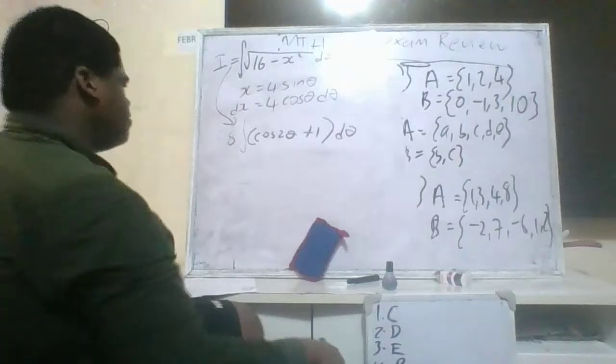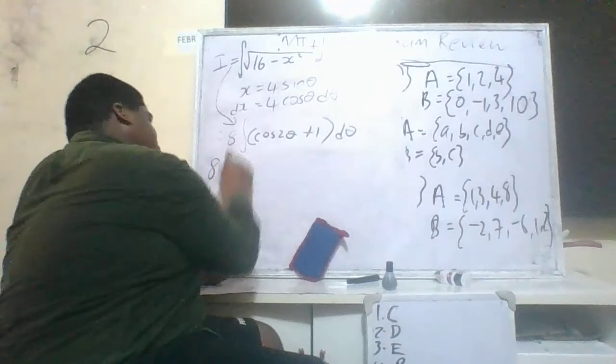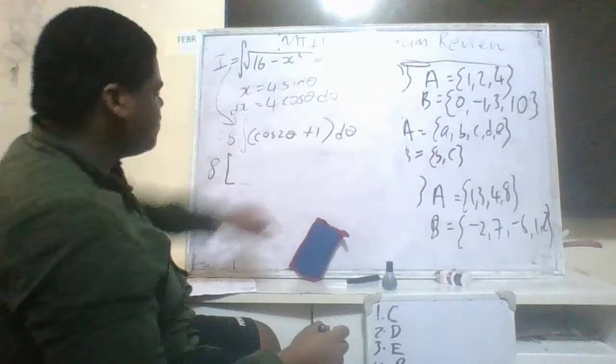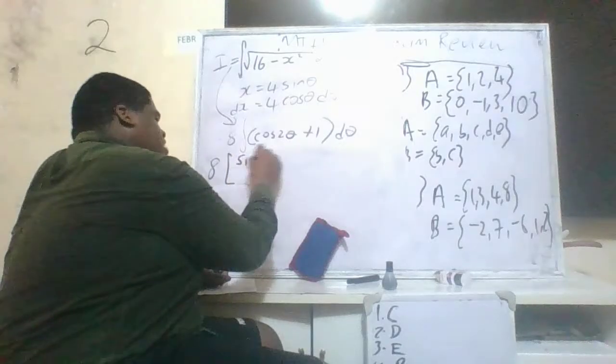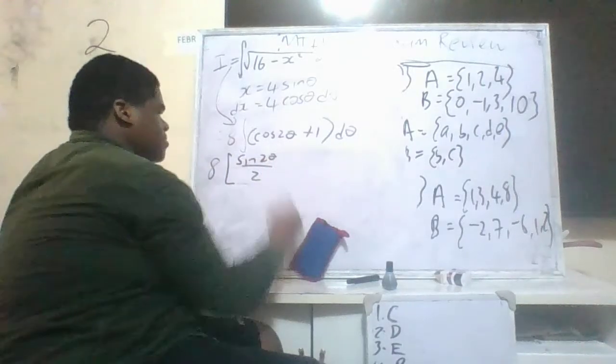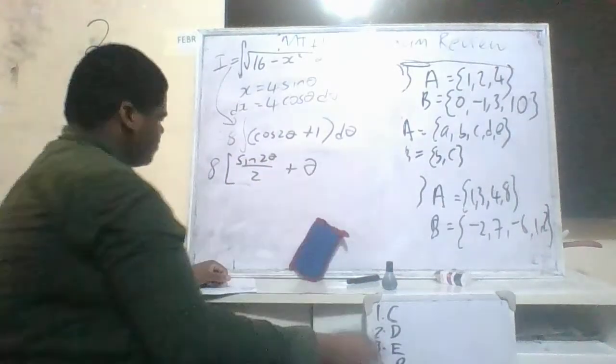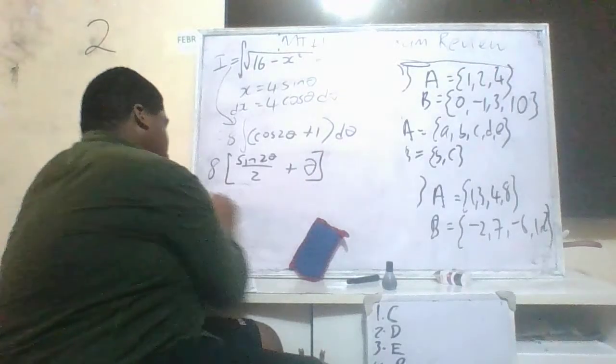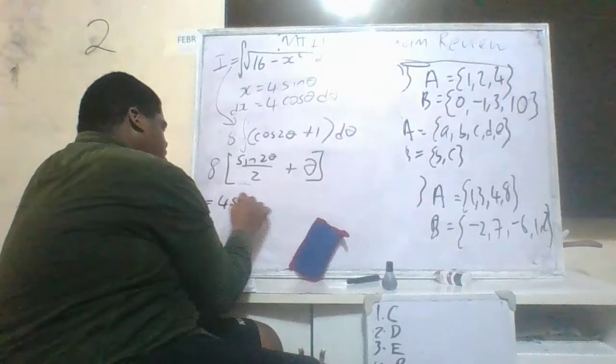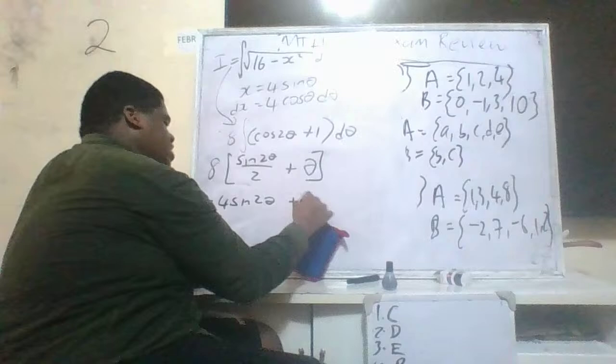If we find the integral, 8 times cos 2 theta integrates to sine 2 theta divided by 2 plus theta. Multiply all through by 8, you have 4 sine 2 theta plus 8 theta.